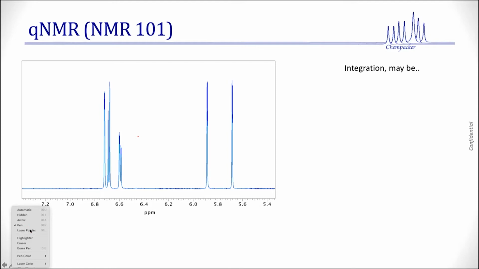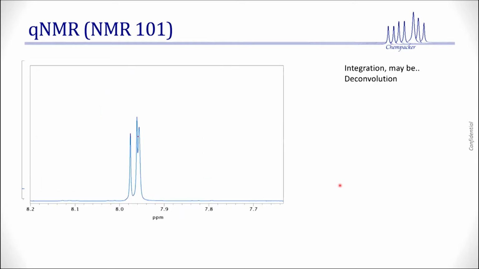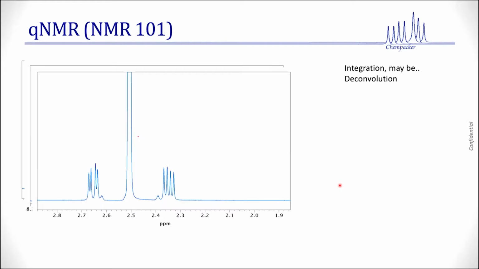If you have something like this, you would say, okay, I have peaks that are overlapping, so I'm going to do some kind of deconvolution of the peak, with whatever tool I may have. This will also probably call for deconvolution methodology, because you have this C13 satellite of the DMSO coming too close to the peak.